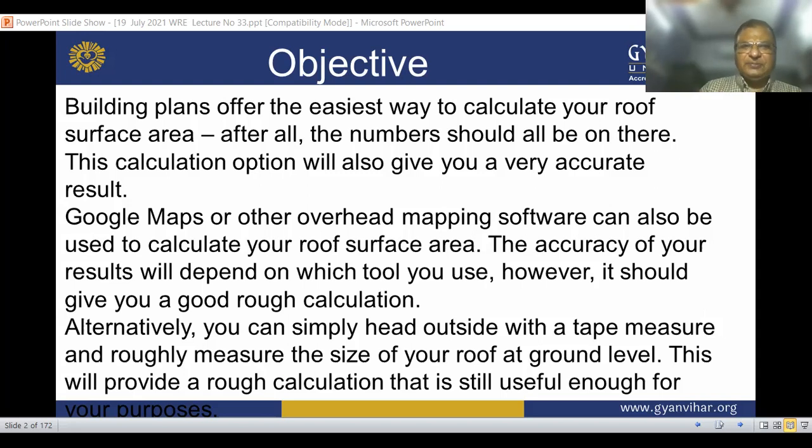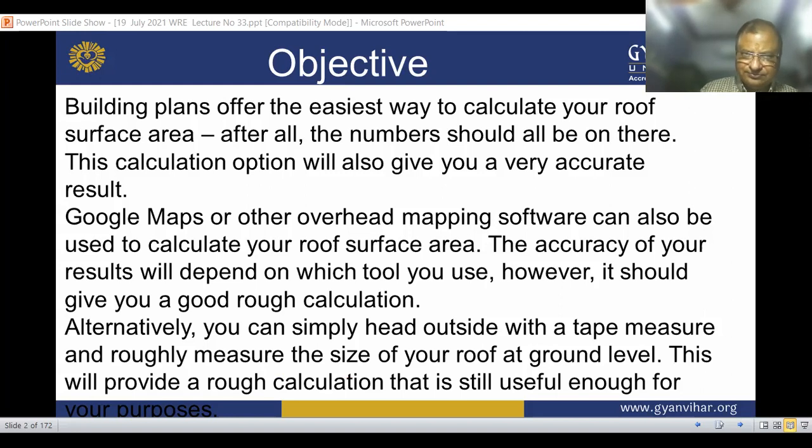Actually, building plans offer an easy way to calculate your roof surface area. This calculation option will also give you a very accurate result.